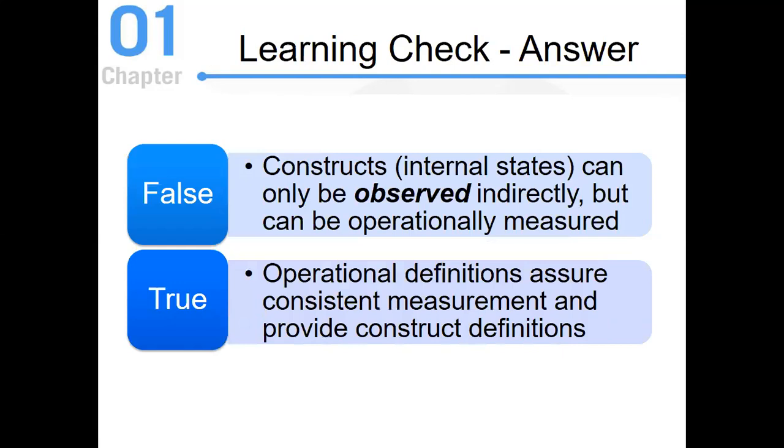Operational definitions assure consistent measurement and tell us, in this study, how was stress measured? In that study, how was student satisfaction measured? On the surveys you take when you complete a class, did you learn a lot? Did you find the course valuable? Did you think the instructor did a good job?